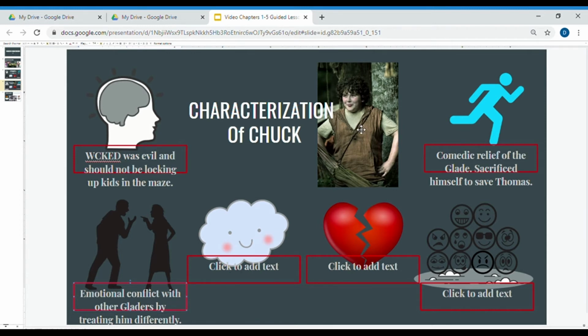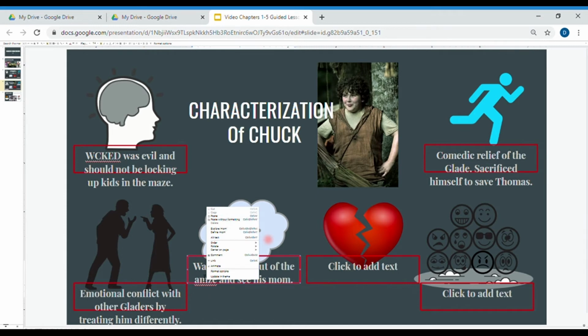So what are some hopes and dreams of Chuck? We know that Chuck wanted to get out of the maze, and most specifically, he wanted to see his mom. And then, what are some things that Chuck was feeling?